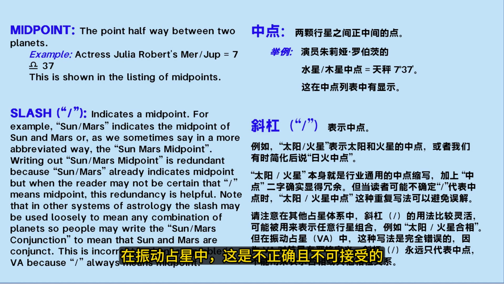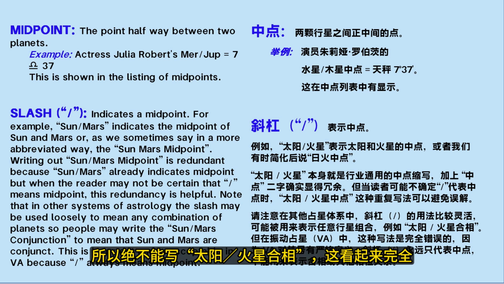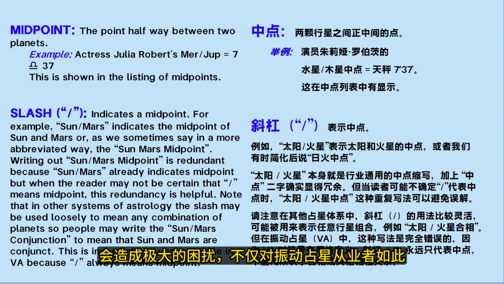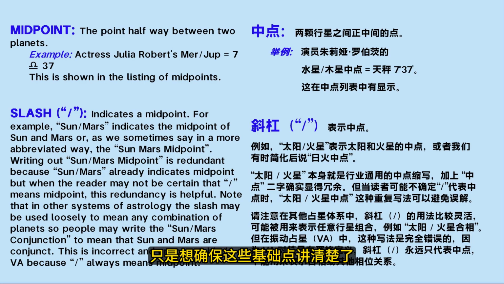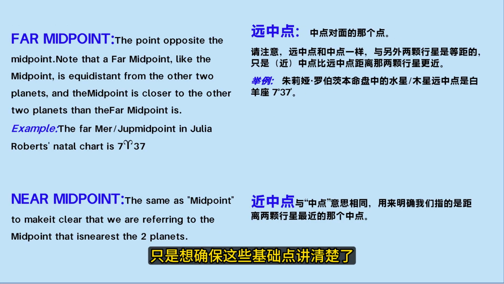This is incorrect and unacceptable in VA because slash always means midpoint. So you would never say Sun/Mars conjunction. Whoa, it looks totally and absolutely confusing, not only to people in vibrational astrology, but to people in cosmobiology, Uranian astrology, etc. Okay, so I'm just making sure these things are clear.